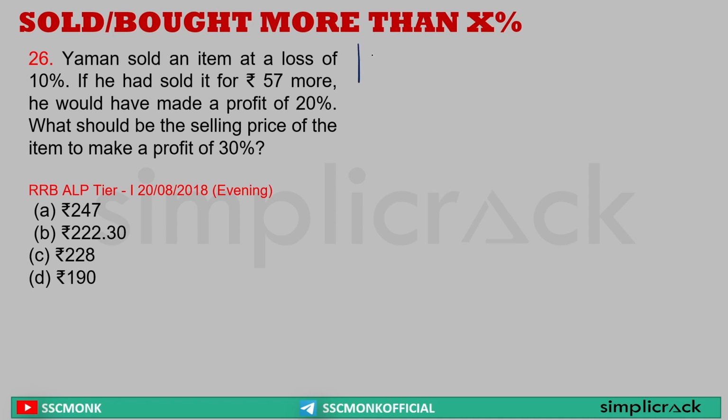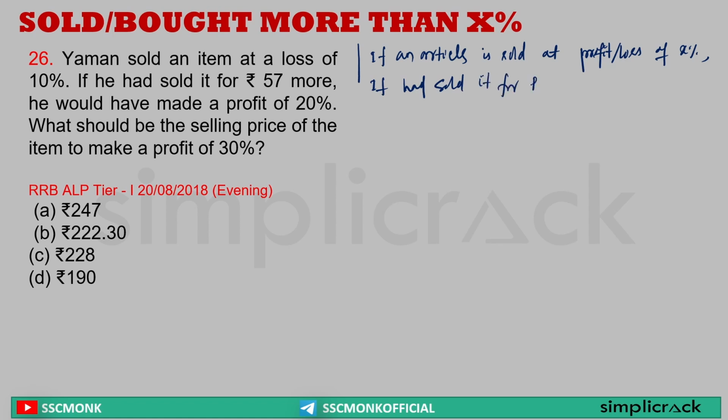Now, if an article or item is sold at a profit or loss of X%, if that shopkeeper had sold it for R rupees more, he would have gained or lost Y%.